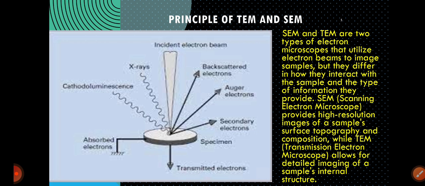Next, the transmitted electrons: in the transmission electron microscope, only from these do we get an image. So this is the principle of the electron microscope.